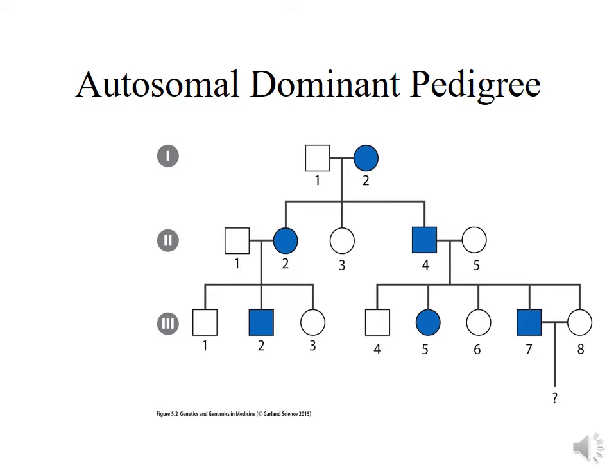There's a 50% chance of transmitting the mutant allele and a 50% chance of transmitting the normal allele. So that's why when we have over here between 7 and 8, and that joining shows that those individuals have a 50% chance of having an affected child.